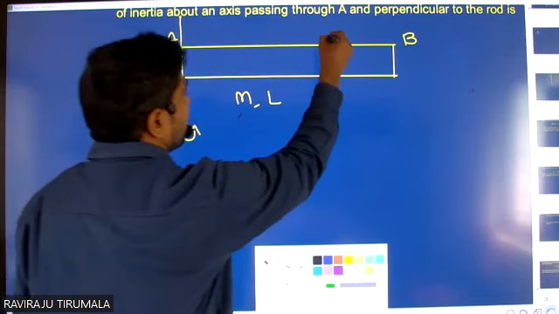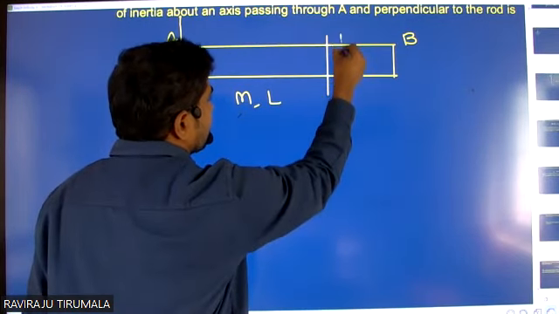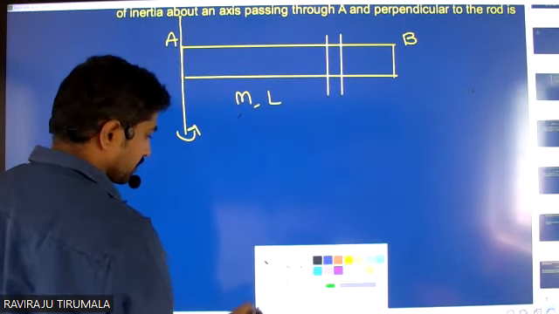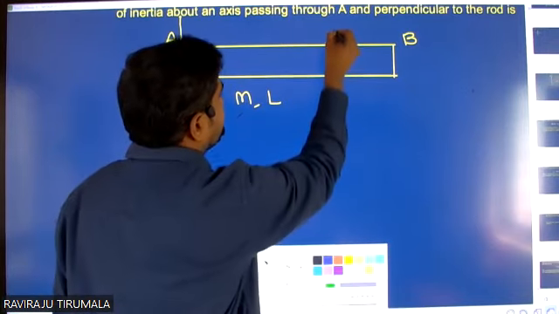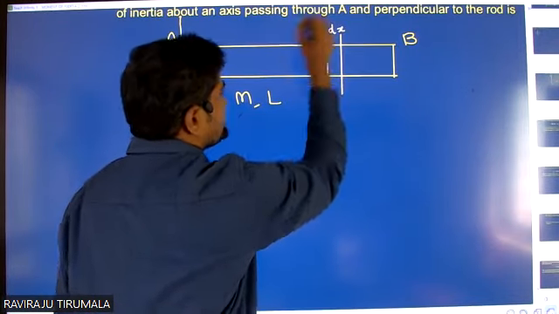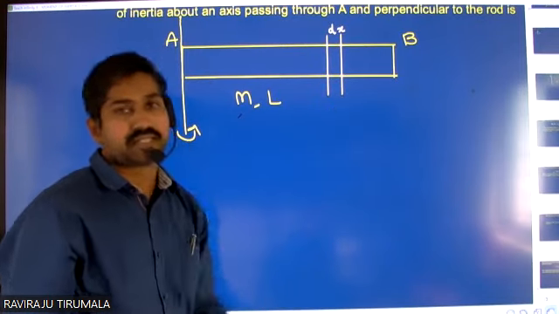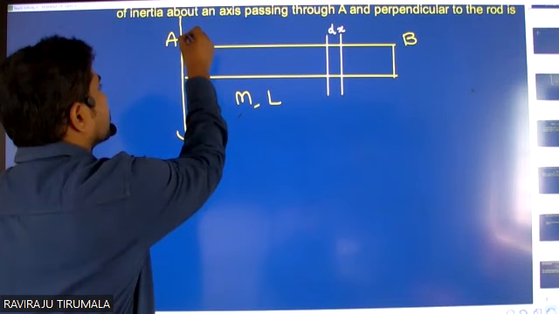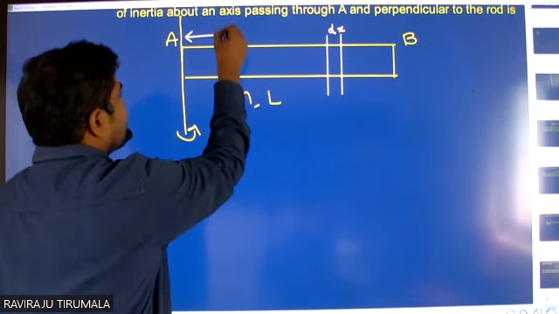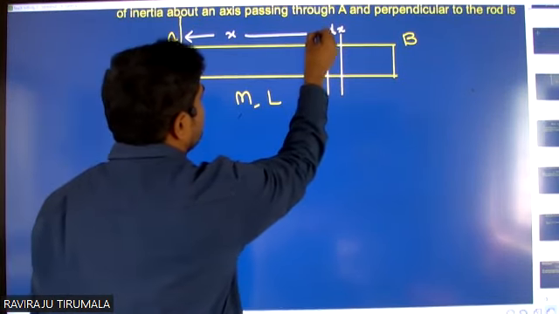So for example, if I consider a small element here, the length of the element is dx. Let me consider the length of the small element as dx, and this element is at a distance x from our reference point.